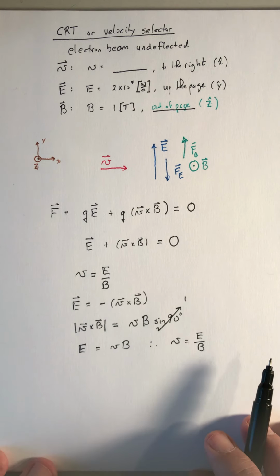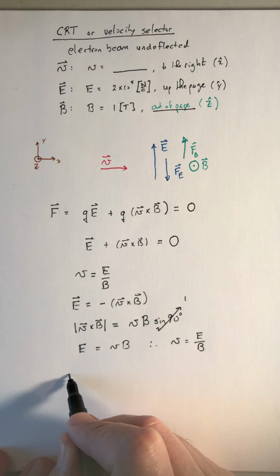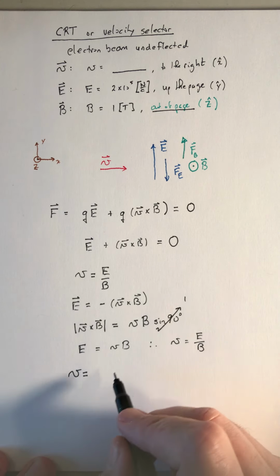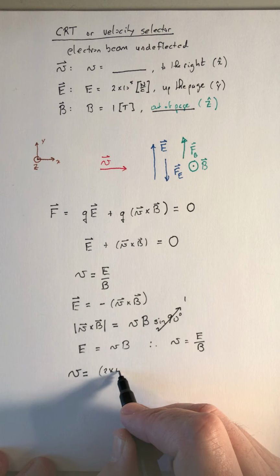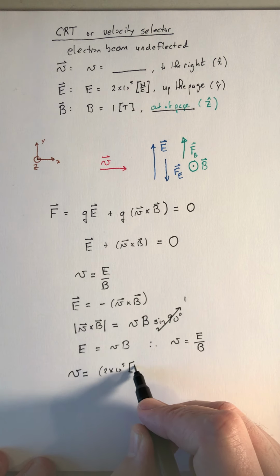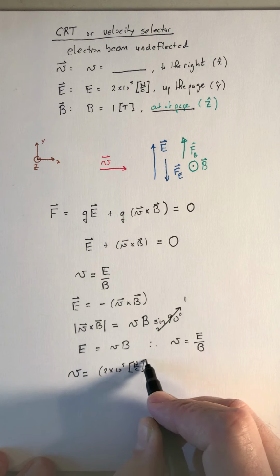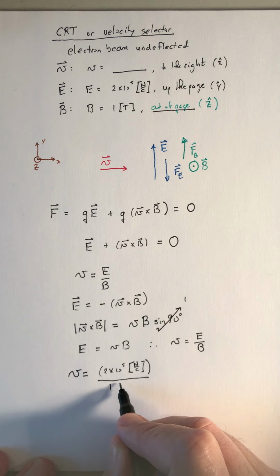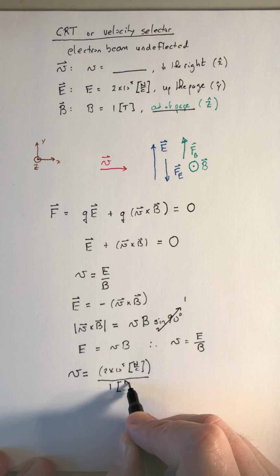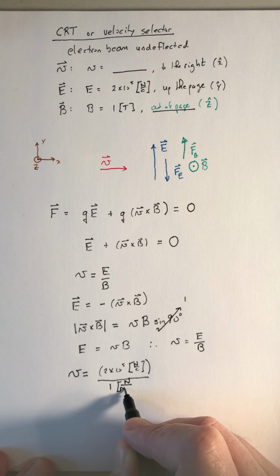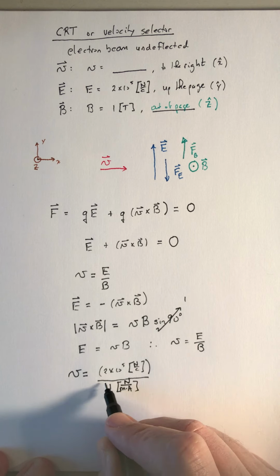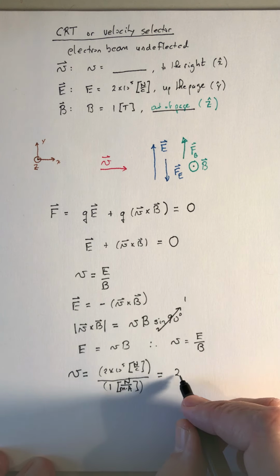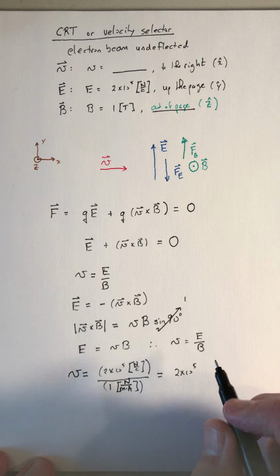So using the numbers in the problem, that is going to be 2 times 10 to the 5th newtons per coulomb over, well, a nice round 1 Tesla, which a Tesla is a Newton per meter per amp. So this is going to be 2 times 10 to the 5th.